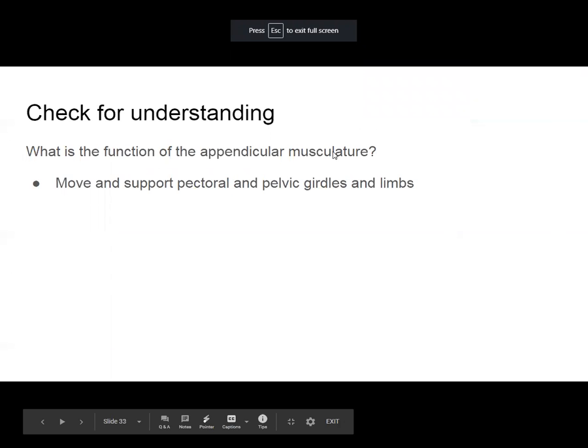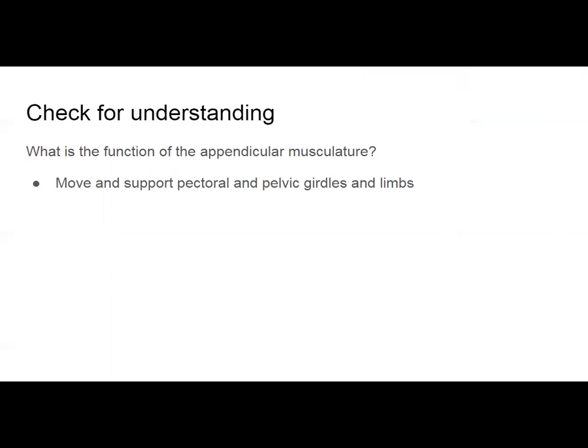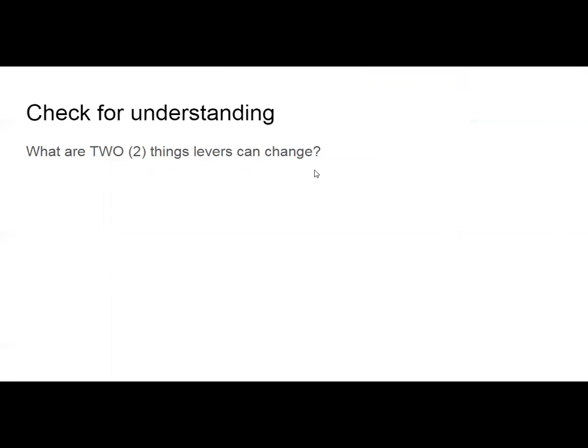All right, so the function is to move and support your pectoral and pelvic girdles and limbs. What are 2 things levers can change? Okay, direction and speed of movement, right. What else?